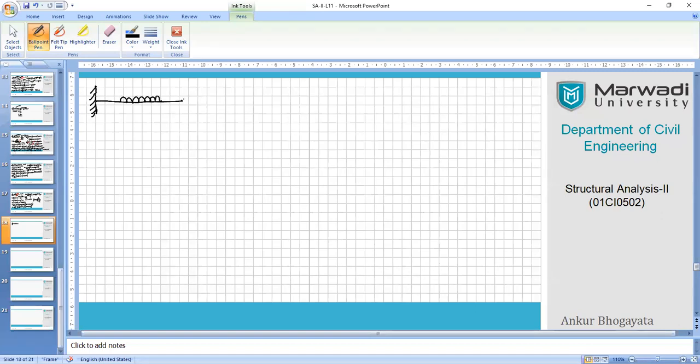This is the UDL, this is A, this is B, C and D. This is 10, we know, and we all know that we require a point load where we want deflection. So this P is 0. Okay, so let's go for it, and don't make a mistake by assuming that the deflection will also be the same. No, it's not like that.